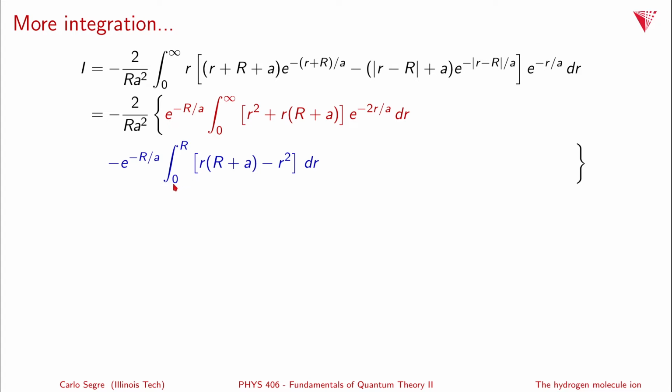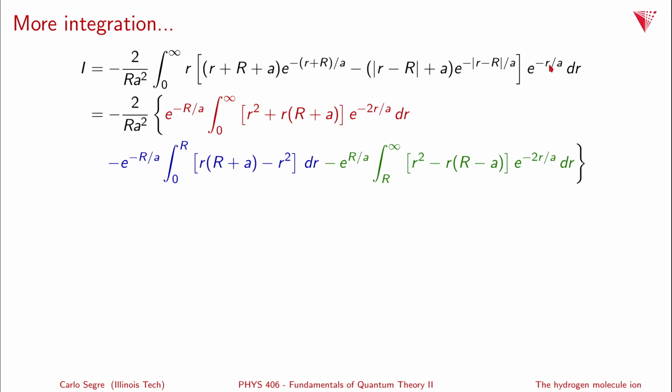And so you're left with an integral from 0 to capital R of r times capital R plus a minus r squared dr. And then you get a second term, when r is bigger than capital R, so you get the integral from capital R to infinity of e to the minus capital R over a times r squared minus r times r capital R minus a, e to the minus 2r over a dr. So in one case, you get a cancellation of the exponentials, that's the one in blue.